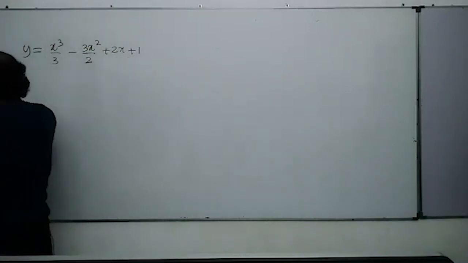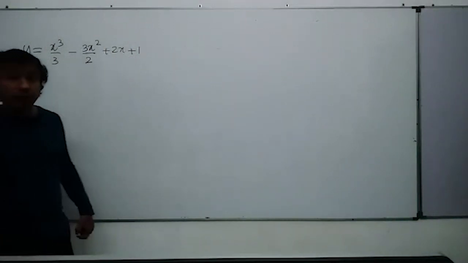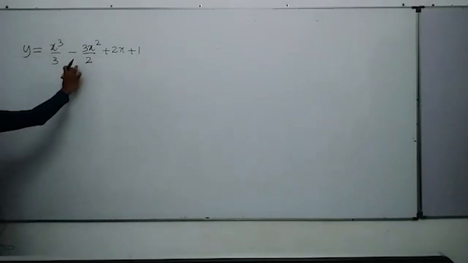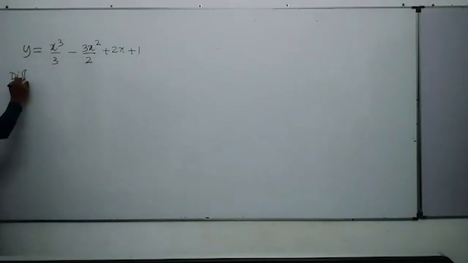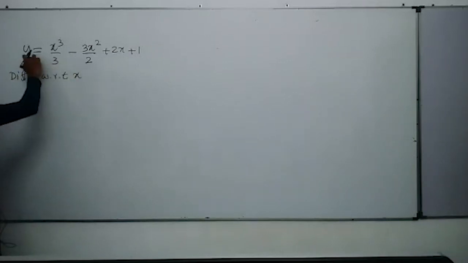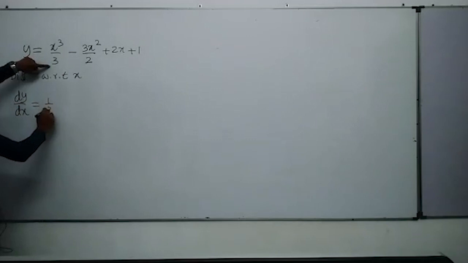Then to find the stationary points, at stationary points dy by dx is 0, no? We'll first differentiate this. Right. Write down this one and then write, differentiating with respect to x. We can write dy by dx equals this 3, we can write as 1/3.